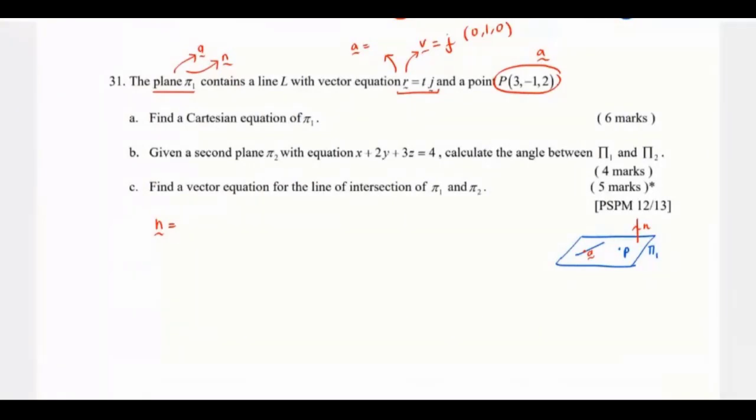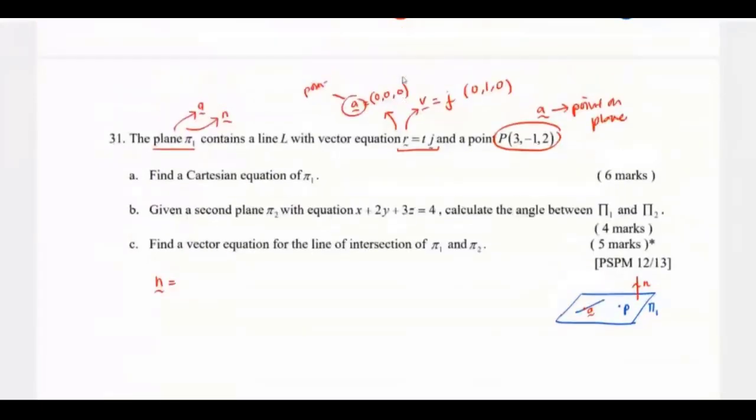Ada ke tak? 3. Ini point pada plane. This one point on plane. 0, okay Miss. 0 sebab dia tak ada mention apa-apa. So ya, A adalah 0, 0, 0. Okay. So ini point pada plane, yang ini adalah point pada line. Okay, this one point on line.